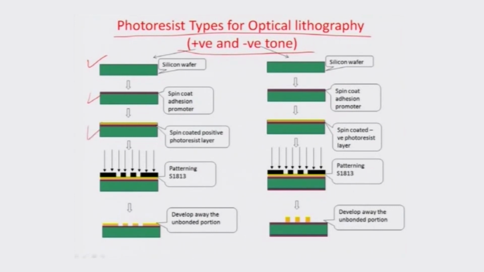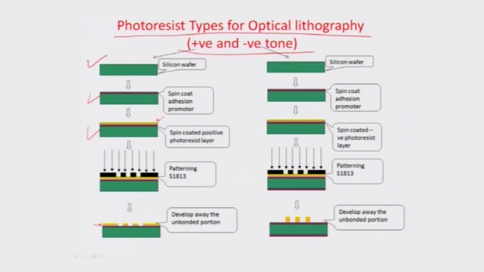Then you spin coat a photoresist layer, which is represented by this yellow color here, and then you selectively expose the photoresist by this masking strategy, so that you can have patterning of the resist in this particular manner, and so you develop away the unbonded portions.